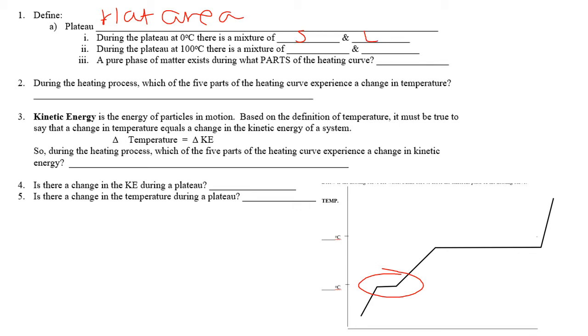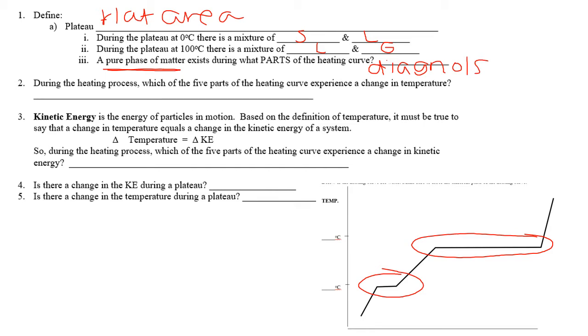And then at 100 degrees Celsius, this plateau, it would be a mixture of a liquid and a gas. And then a pure phase of matter, that means when water is only a solid, only a liquid, only a gas, that occurs at what parts of the heating curve? The diagonals, not the plateaus.